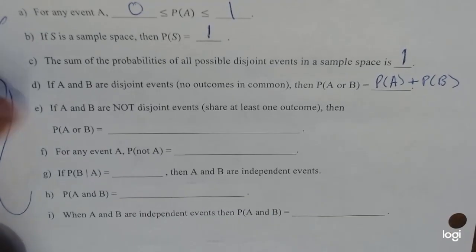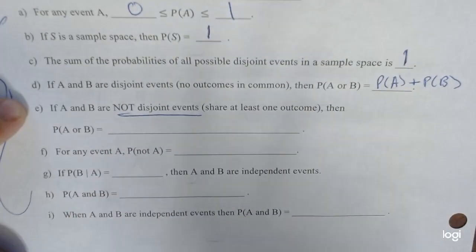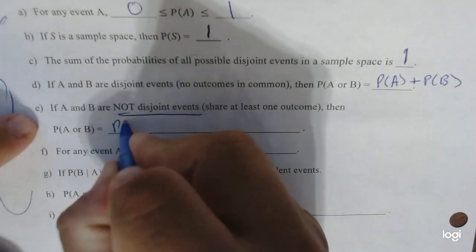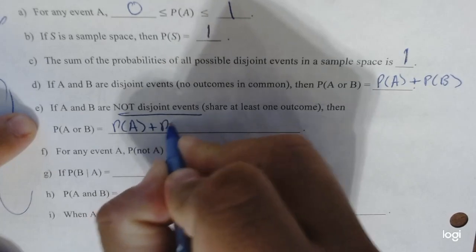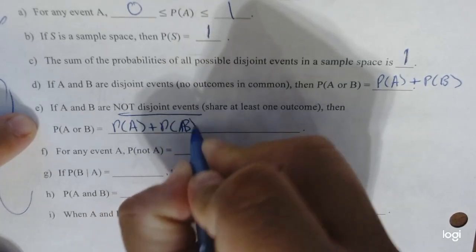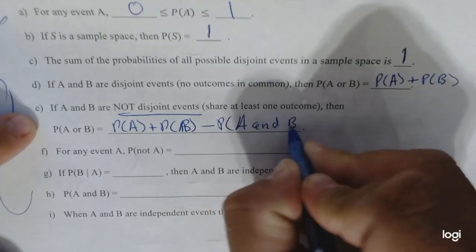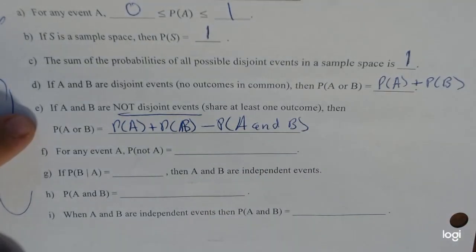However, for the next one, if A and B are not disjoint, they have something in common, then what is the equation going to look like? Probability of A plus the probability of B, and then minus the overlap. That's what we did in the last section.